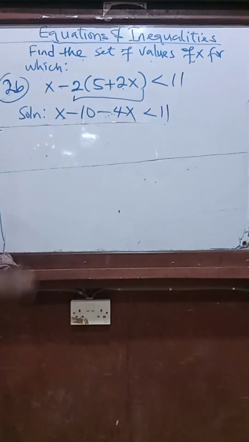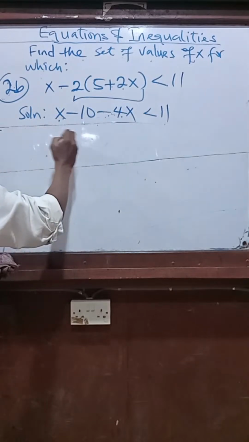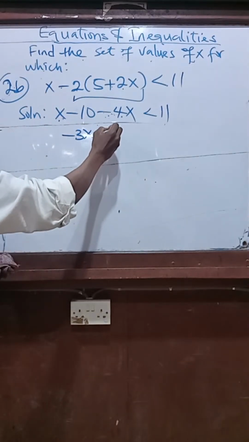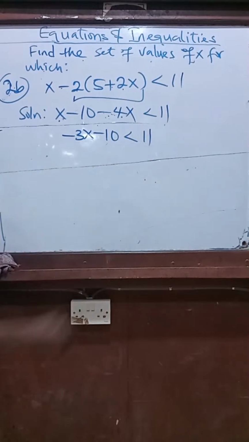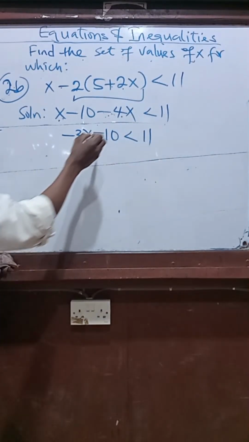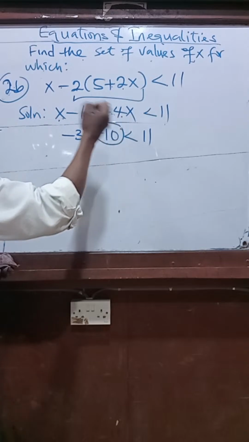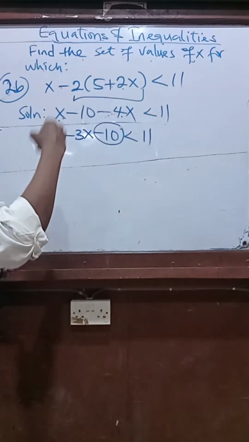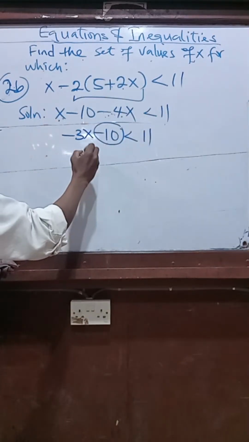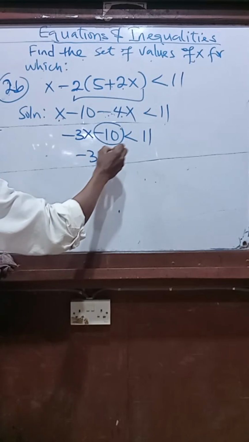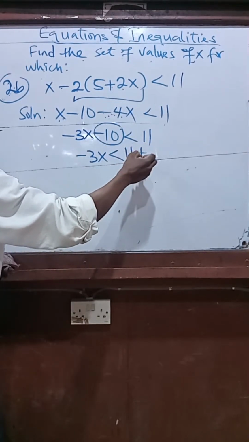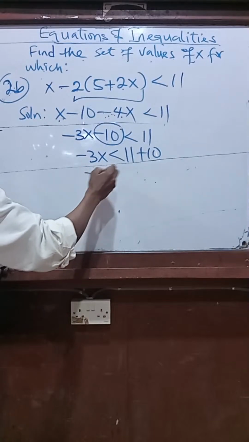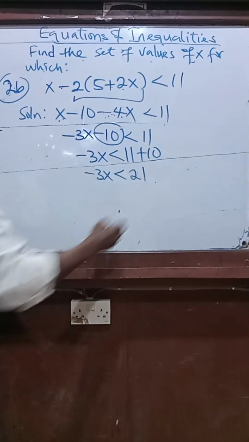Okay, x minus 4x, that's a minus 3x, minus 10, less than 11. Then remove this minus 10 from here. Then we are going to add plus 10 to both sides. So we have minus 3x less than 11 plus 10. So we have minus 3x less than 21.